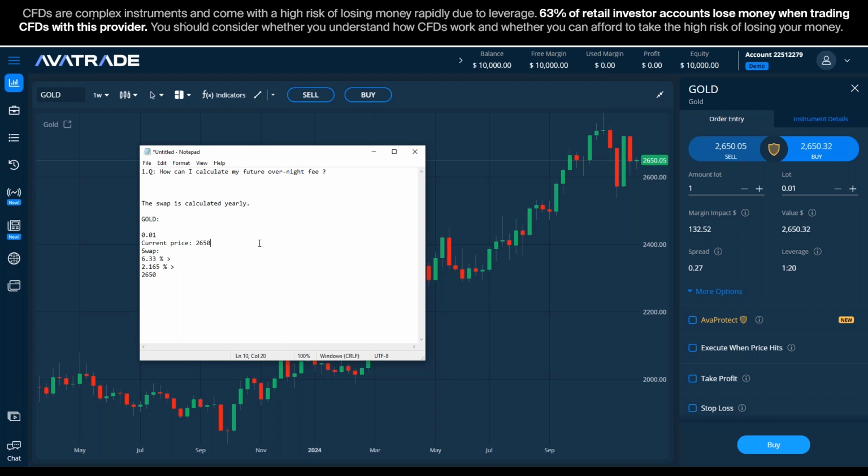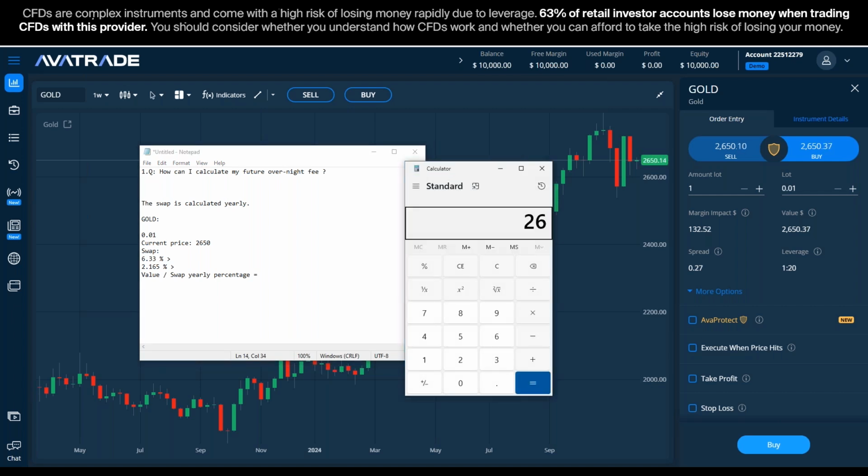Okay, and then what I'm going to do is I'm simply going to take the value and I will multiply it by the swap yearly percentage. Okay, and then I will divide whatever I get. Okay, so let's do it together first. 2650, and then we have to multiply that by the percentage.